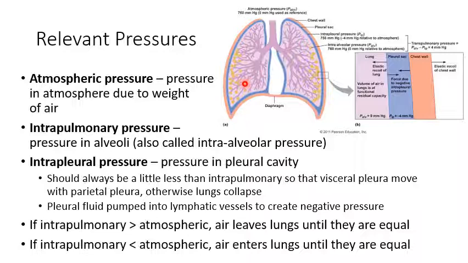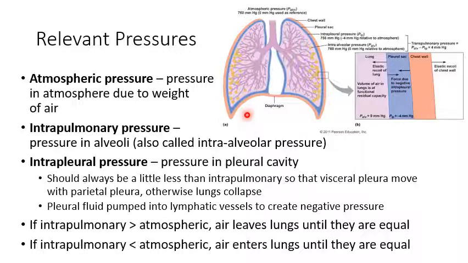The lungs are going to expand to follow that, because the visceral pleura is going to be moving when the parietal pleura moves. The parietal pleura is fused to the diaphragm in this case, so it'll move down, and the visceral pleura will move with it because of the low intrapleural pressure. It's almost like suction is created. When you're pulling down on the diaphragm, it creates suction within the pleural cavity that pulls the lungs down too.